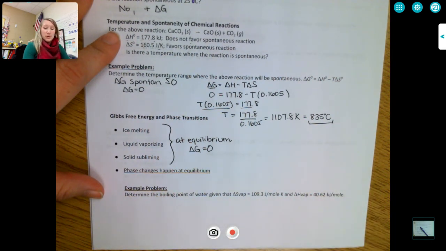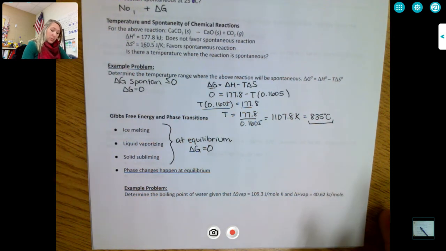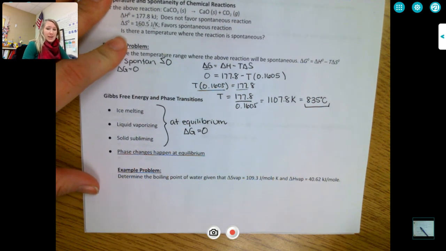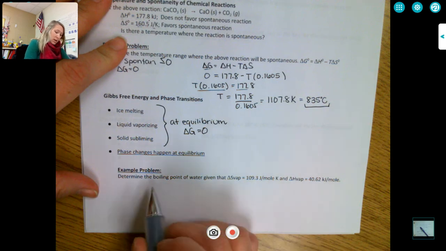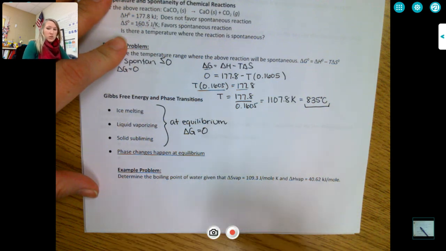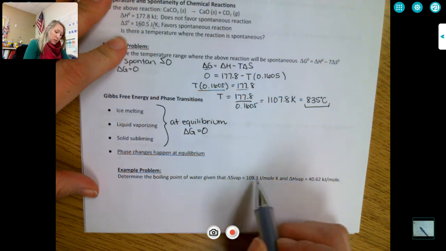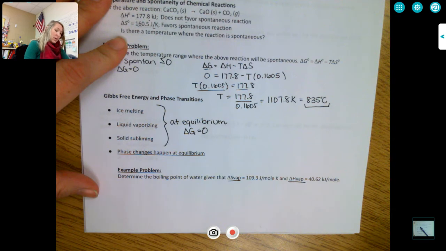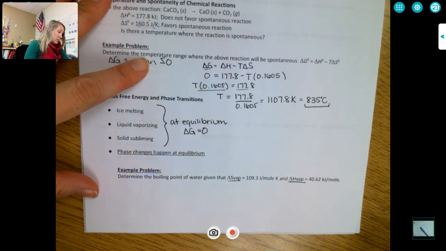We also know that they're temperature dependent, because equilibrium only happens at certain temperatures. So based on knowing that at equilibrium delta G is 0, and a phase change is at equilibrium, we can determine the boiling point or the evaporation point of any substance, so long as we know our delta S and our delta H, because we're saying delta G is 0.